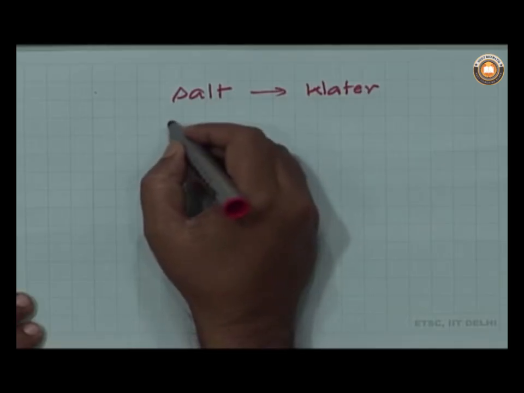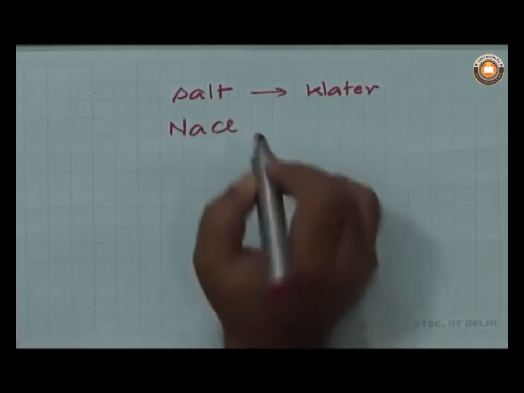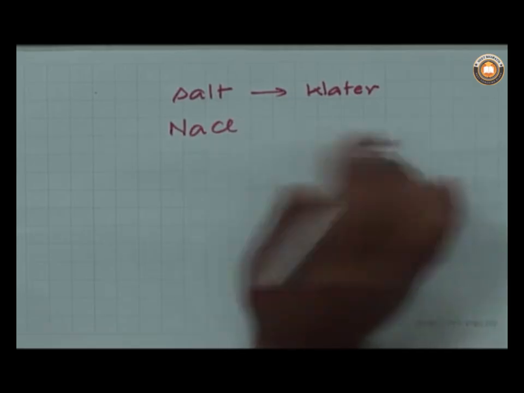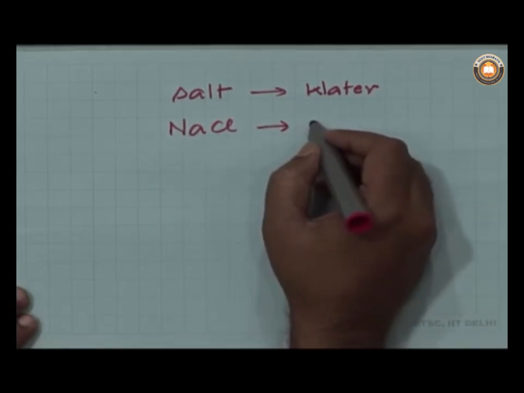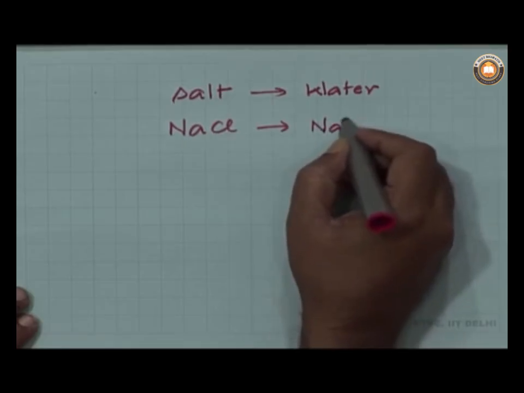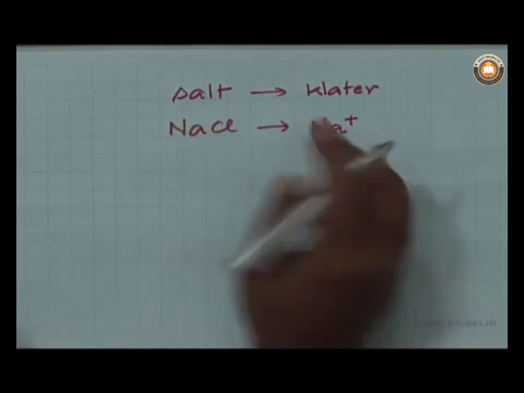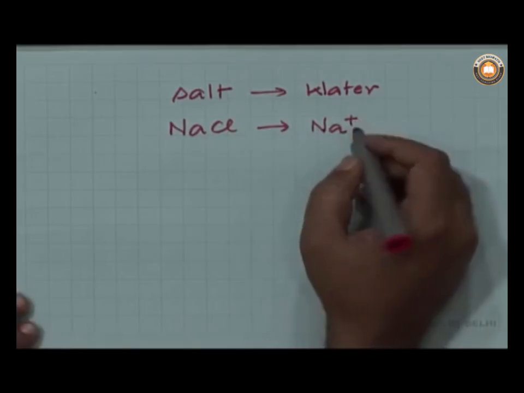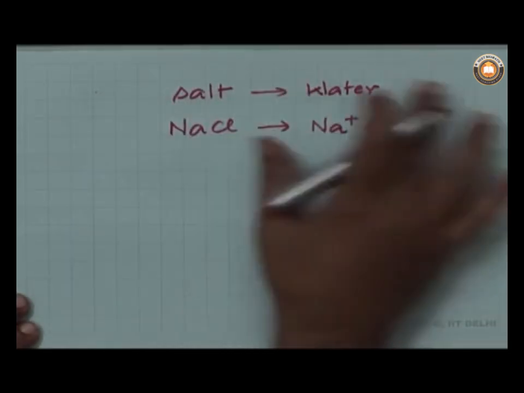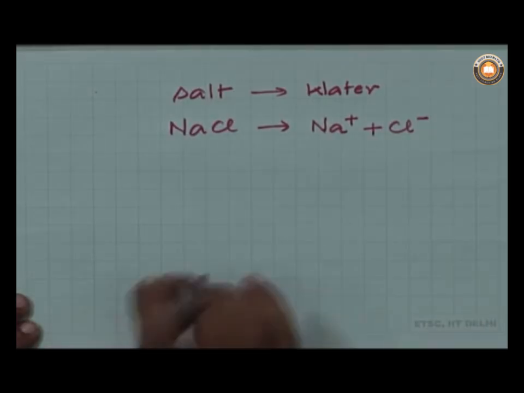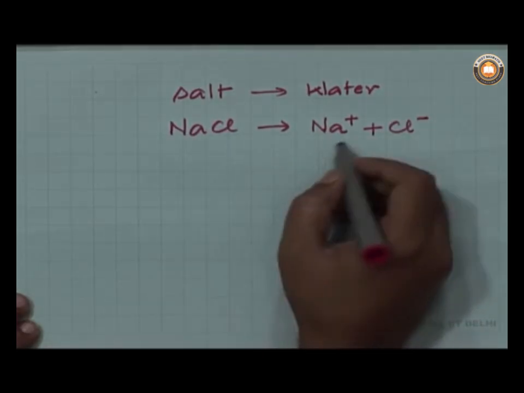So, suppose I take NaCl, a simple example, NaCl into water. So, what will we get? If I put sodium chloride into water, what I will get is Na plus plus Cl minus. This is almost complete dissociation.